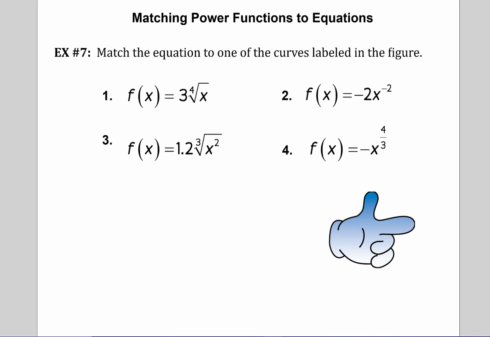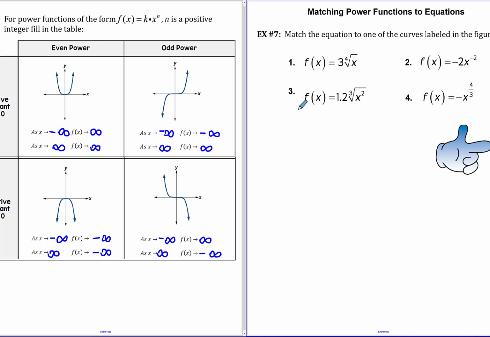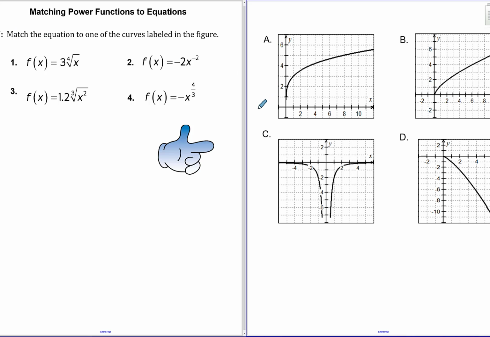In this example, we want to be able to match 4 graphs. So we're using that last graph from the example right above example 4, with the colored graphs with green, red, and blue functions. So when I have 3x to the 1/4 power, my power is 1/4, and my a value, or my k value, is 3.